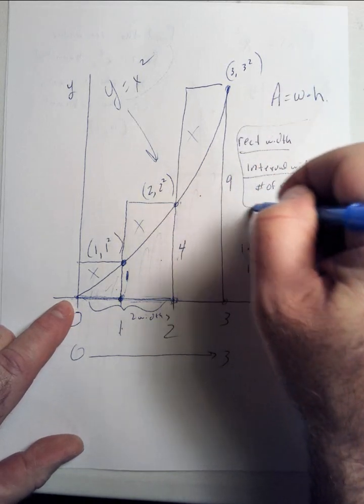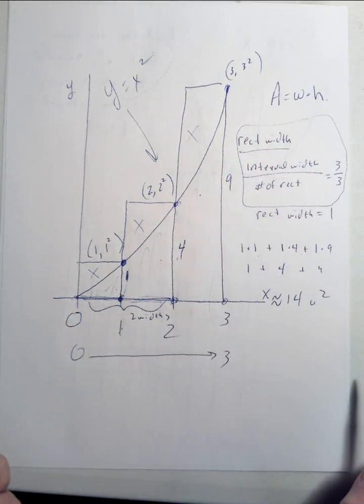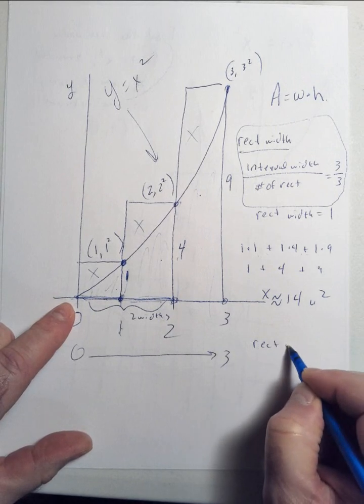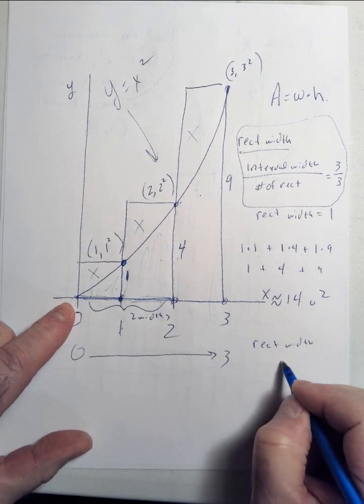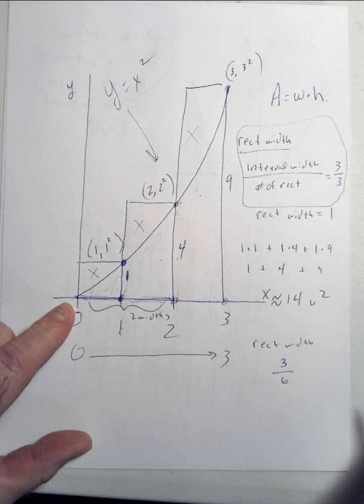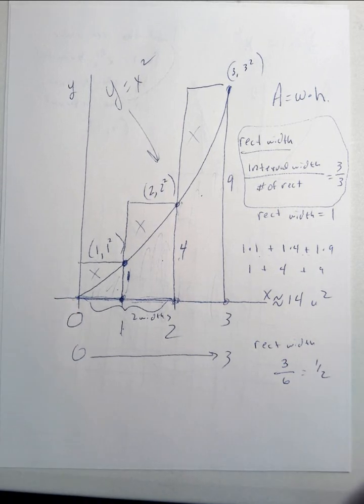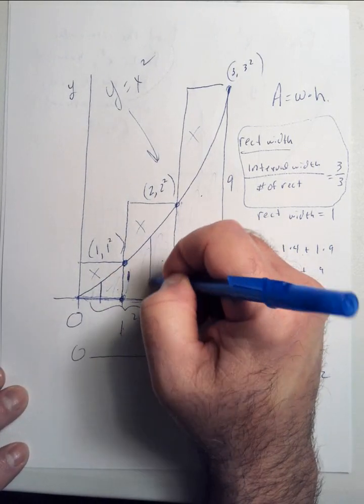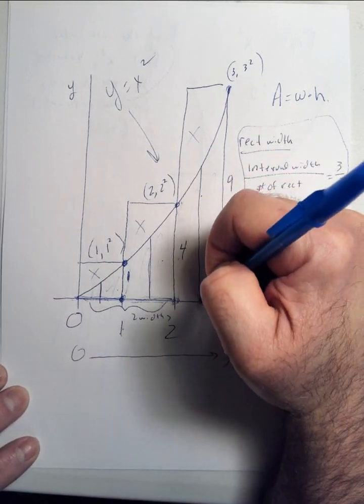So going back up here, my interval width is not changing, right? So my new rectangle width becomes 3, my interval width, over 6 rectangles, gives me a width of a half. So in my drawing, what we see is I'm cutting each of these in half.